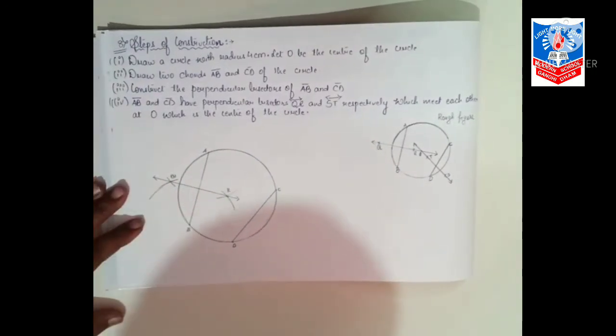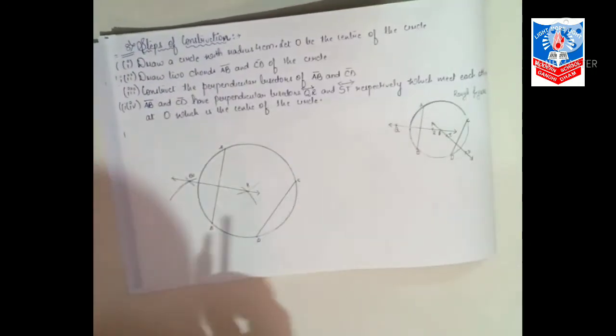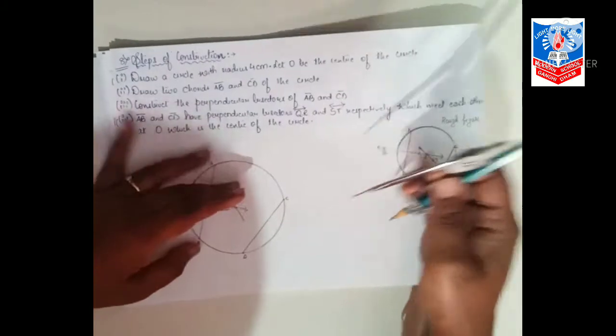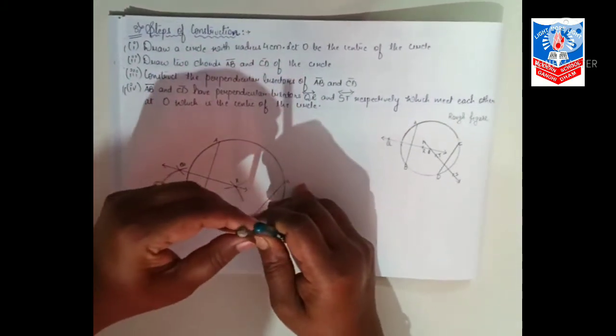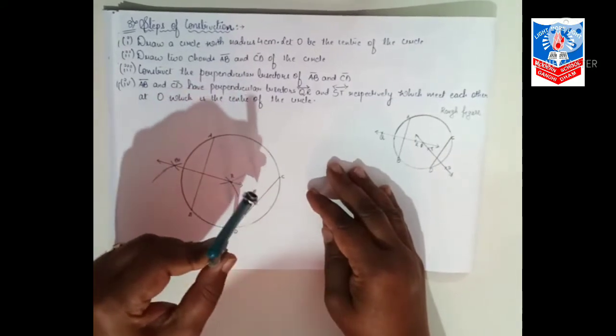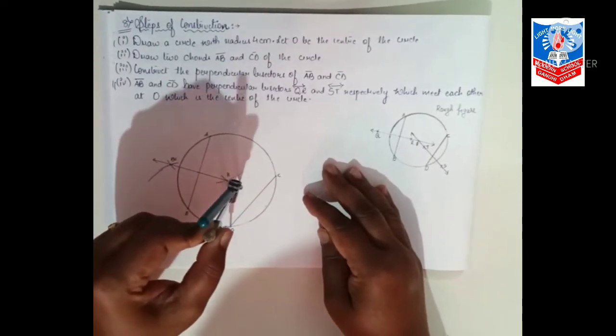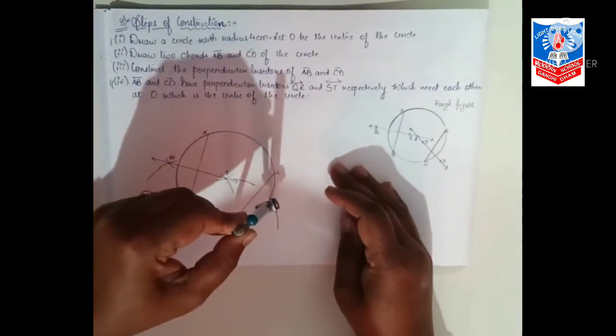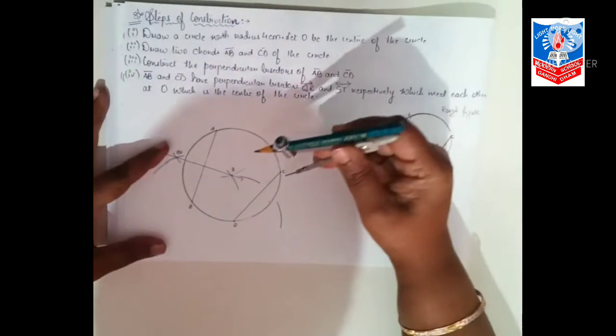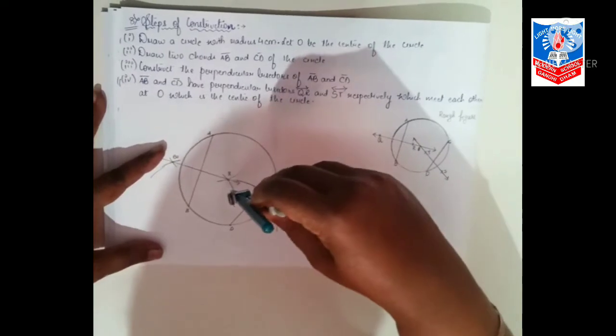Now we have to construct the perpendicular bisector of CD. Same way, with center D and radius more than half, draw two arcs, with center C and cut this arc.